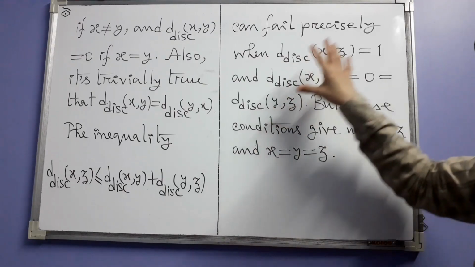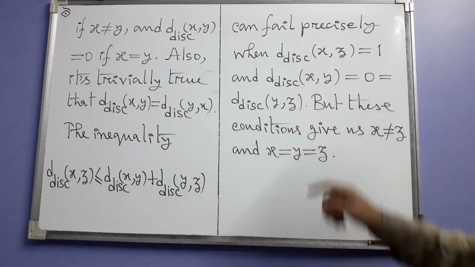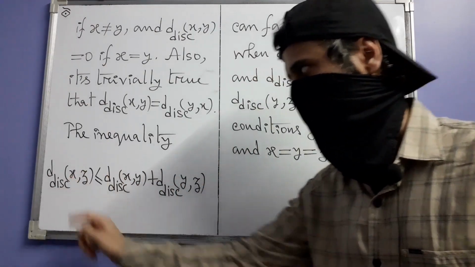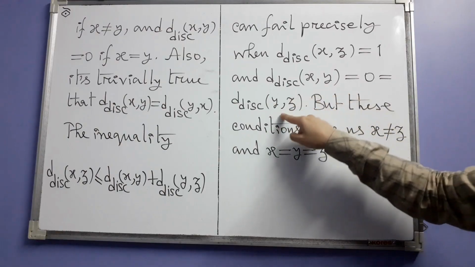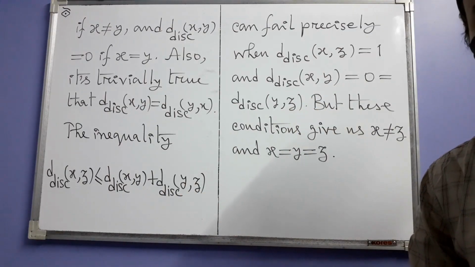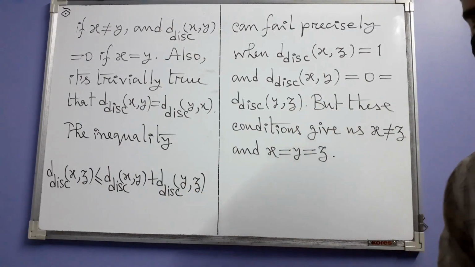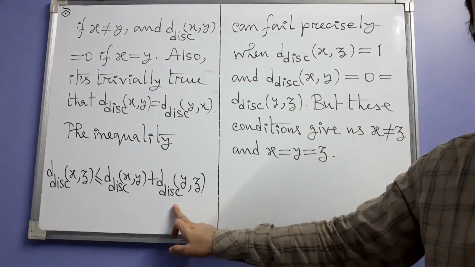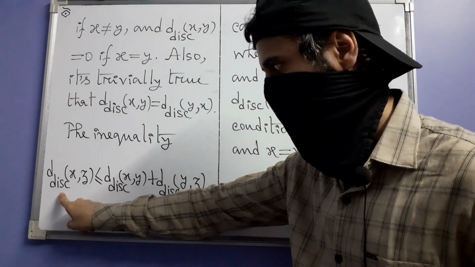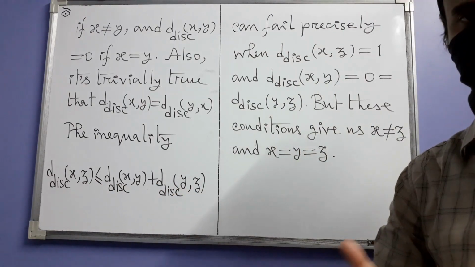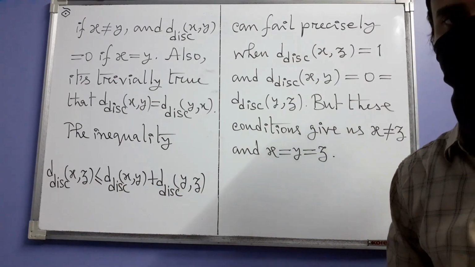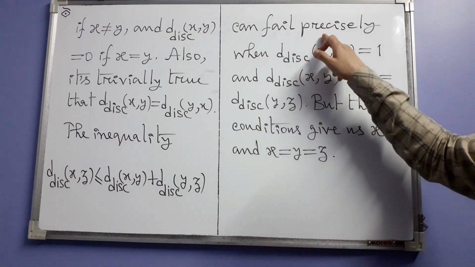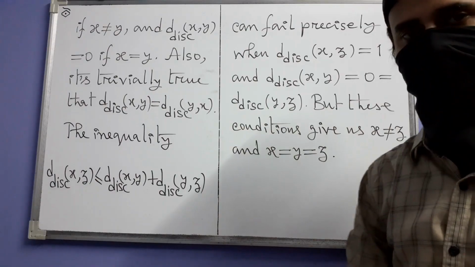These cases mean when d-disk value of x comma z is 1, but these two other d-disk values are both 0. Obviously, if this is true, then this inequality cannot be true, because on this side we will have 1 and on this side we have 0 plus 0. 1 is not less than or equal to 0 plus 0. But we are saying that precisely in this case this inequality will fail.